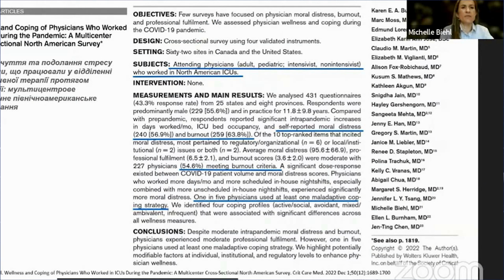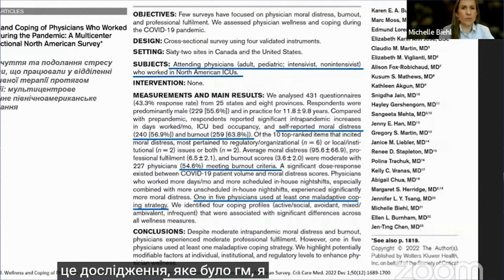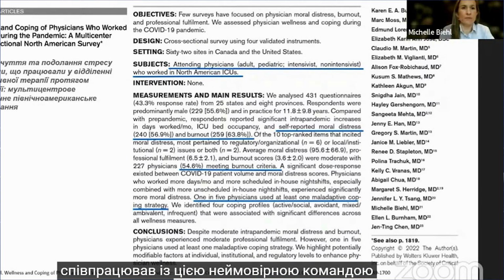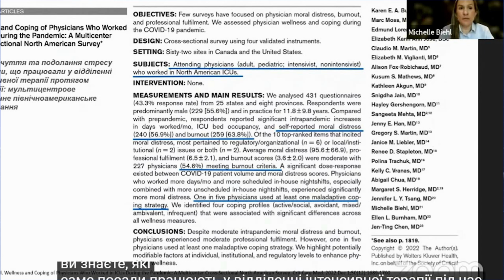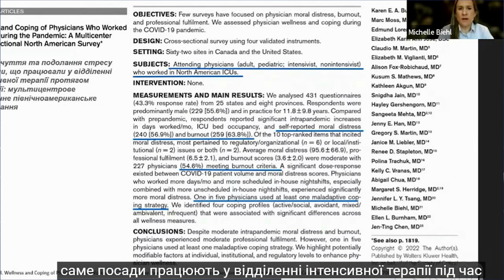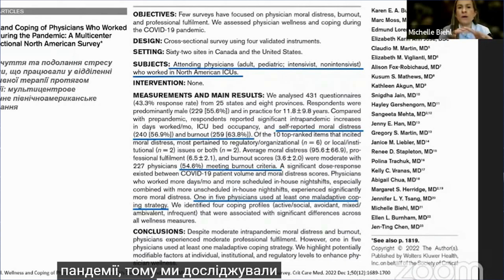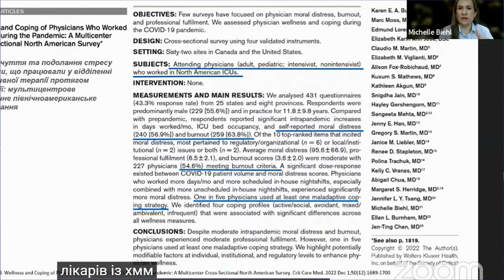This is a study I collaborated on with an incredible team, most of them women physicians but other professionals as well, where we measured their wellness and how physicians were coping, specifically those who worked in the ICU during the pandemic. We studied physicians from the United States and Canada.